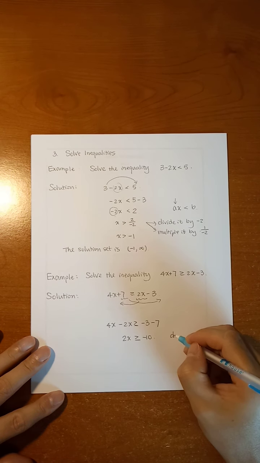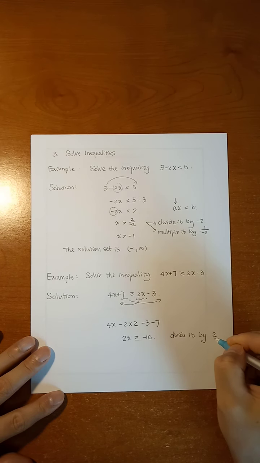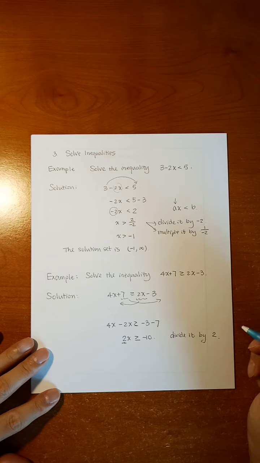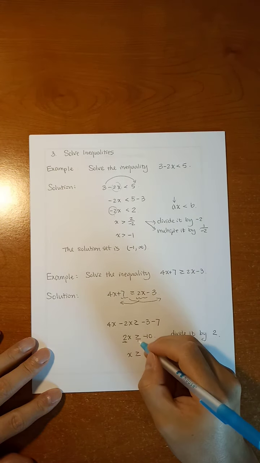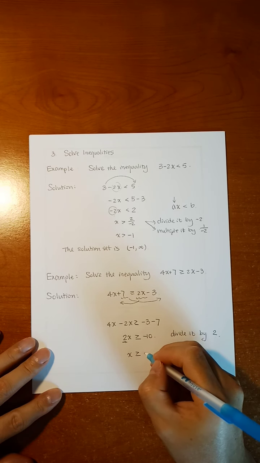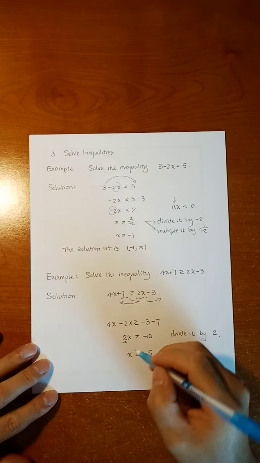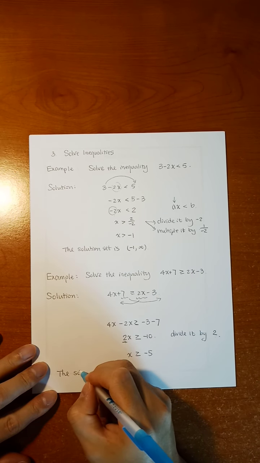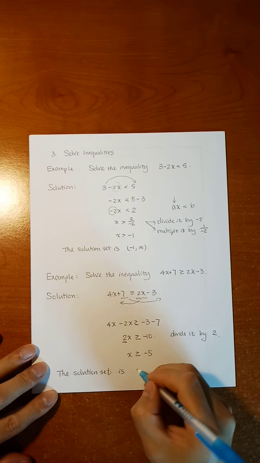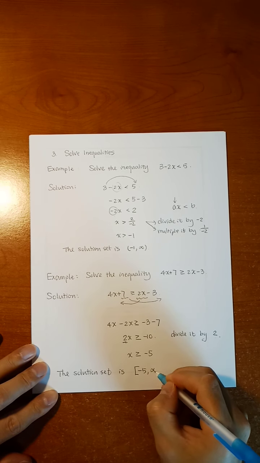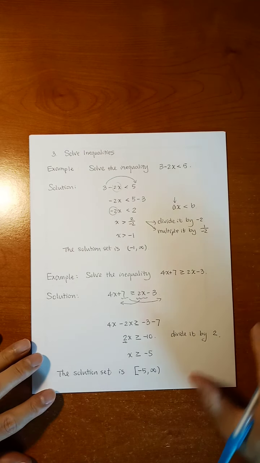And then we are going to divide by 2. This 2 is the coefficient. You divide this inequality by 2. Because 2 is positive, you keep the direction. Negative 10 over 2 is negative 5. So the solution set is bracket negative 5 to infinity.